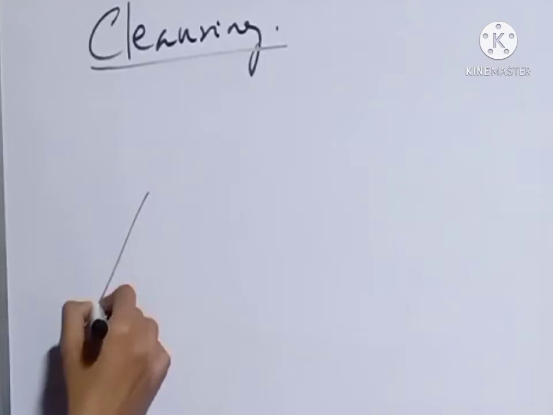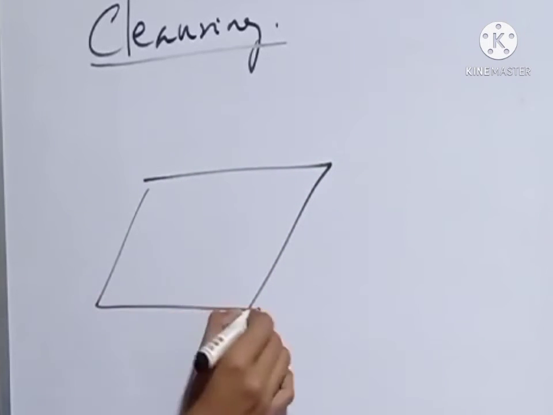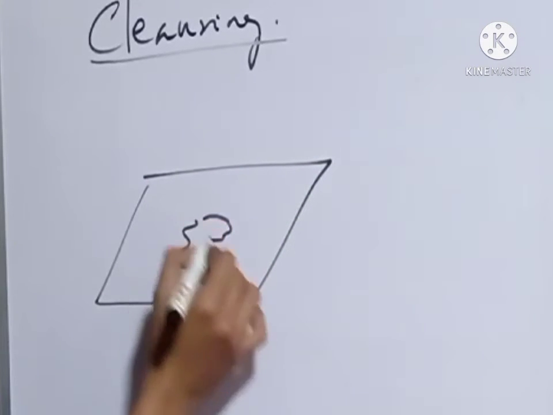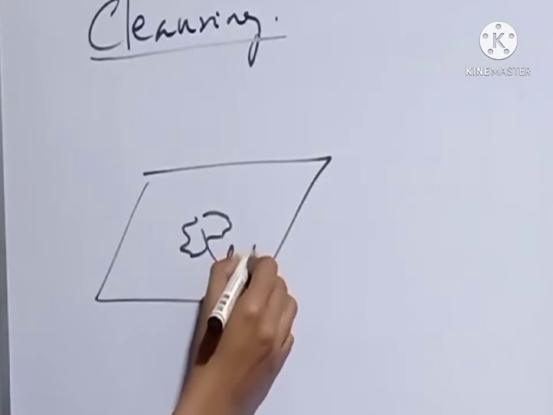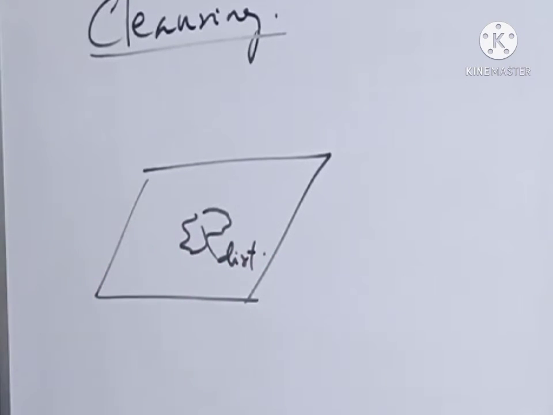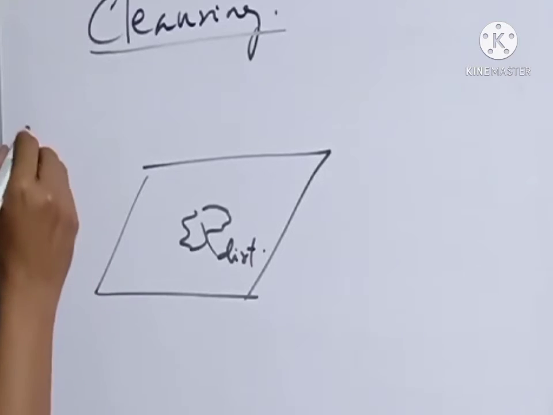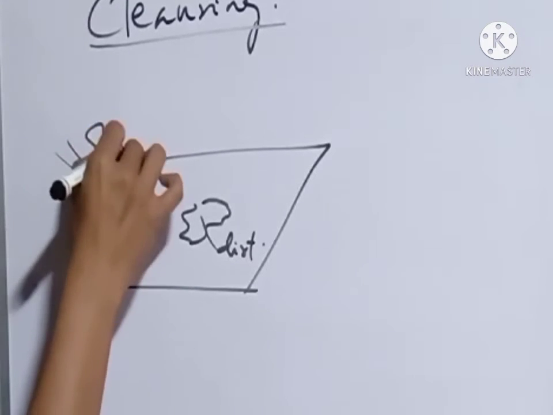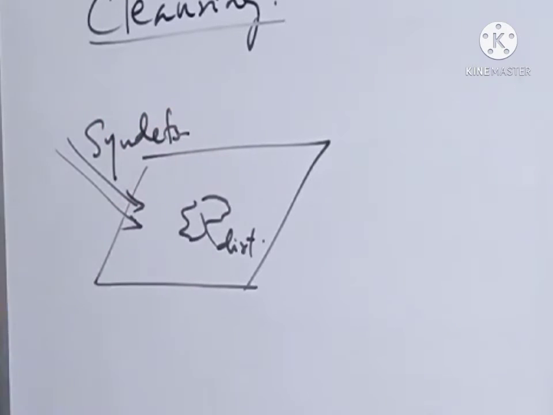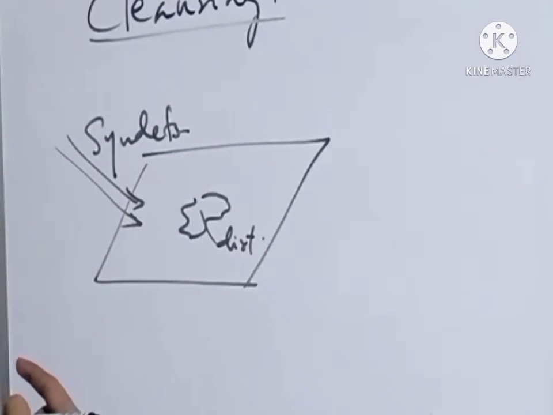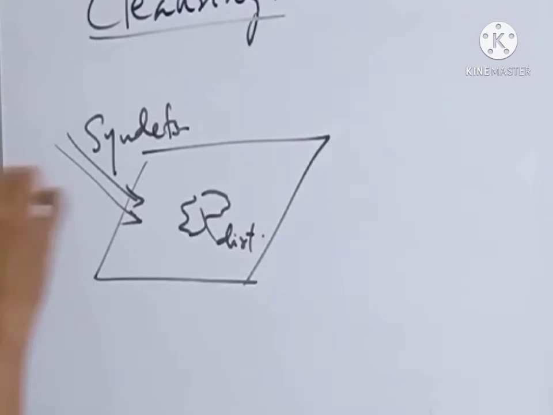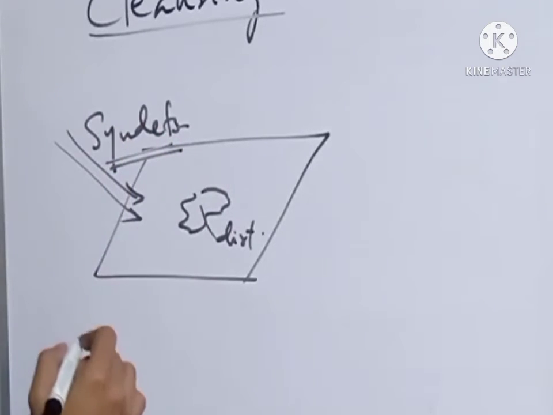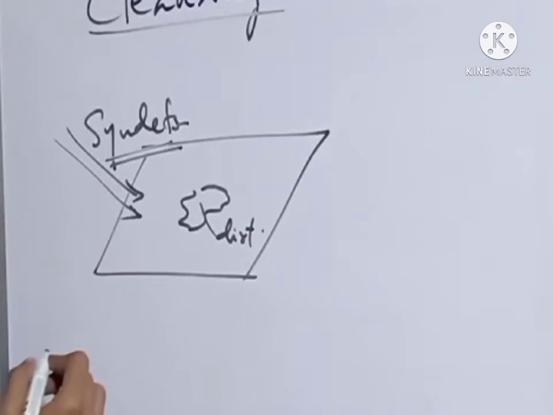The cleansing action of detergent is a little bit different from soap. This is dirt, that is an oily natured substance. So when we apply detergents, that is synthets, to a cloth containing dirt, what happens is these synthets reduce the surface tension.